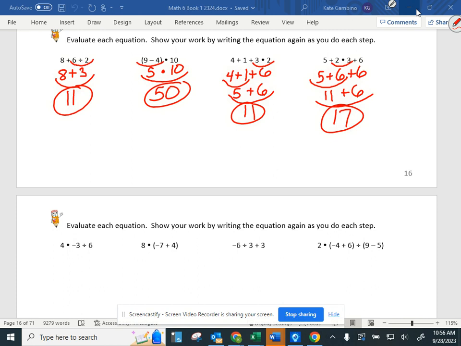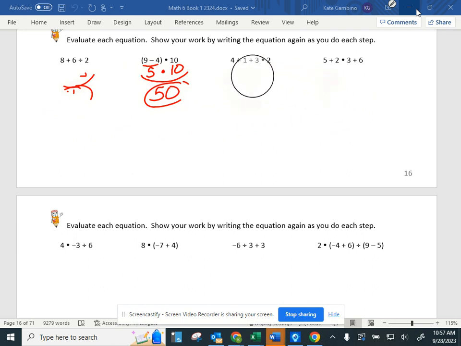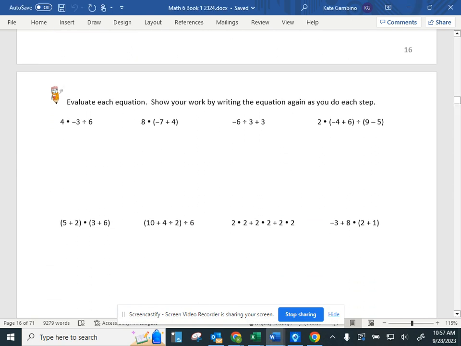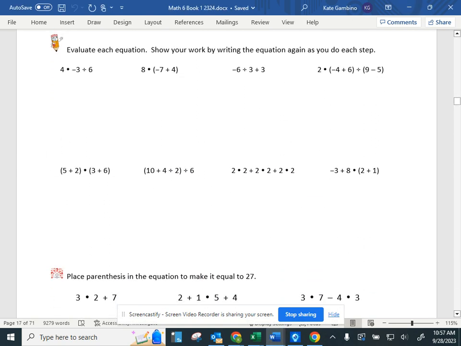Do we have questions on how to do this? All right, so let me scroll up so we can see what our work assignment is. Some of these have lots going on in them. Let's look down at this one.